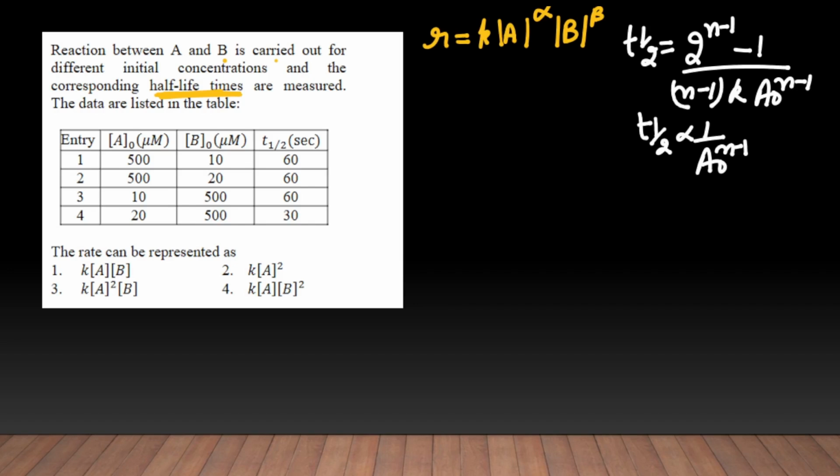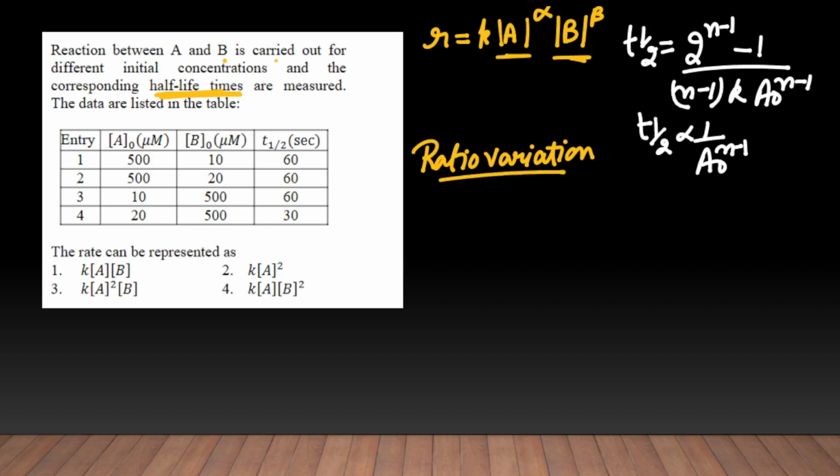So now we have to find the order with respect to A and with respect to B. For this we use the ratio variation method, which means the concentration of one of the reactant species we keep constant, and for the other one we vary it.